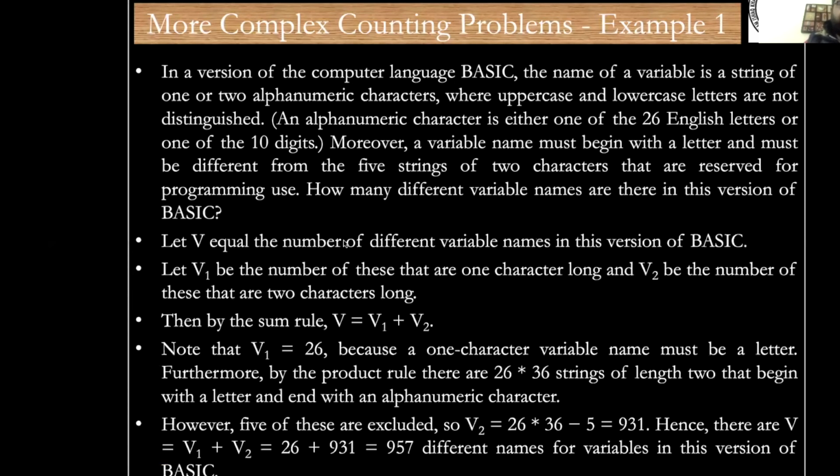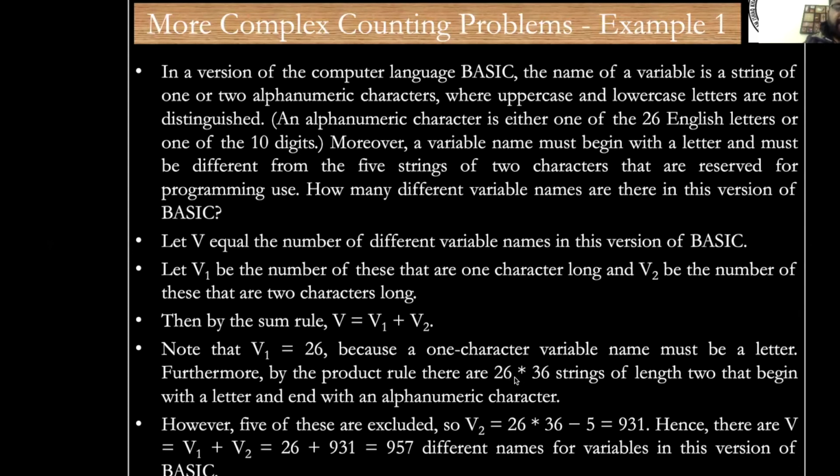Let V be the number of different variable names in this version of BASIC. Let V1 be the number of these that are 1 character long, and V2 be the number of these that are 2 characters long. Then by the sum rule, V is equal to V1 plus V2. Note that V1 is equal to 26 because a one character variable name must be a letter. Furthermore, by the product rule, there are 26 times 36 strings of length 2 that begin with a letter and end with an alphanumeric character.